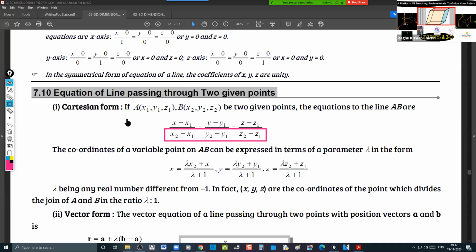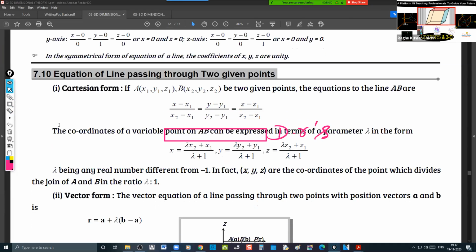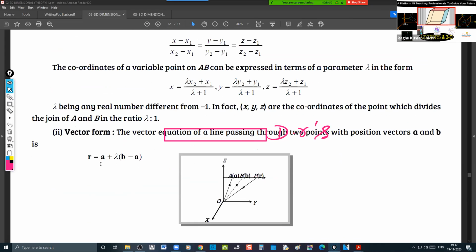These are nothing but the DRs of the line. In place of ABC, you will get this. That's it, nothing more than that. And below you are given the vector form. R bar minus A bar is equal to lambda into B bar minus A bar. This B bar minus A bar is nothing but x2 minus x1, y2 minus y1, and z2 minus z1.